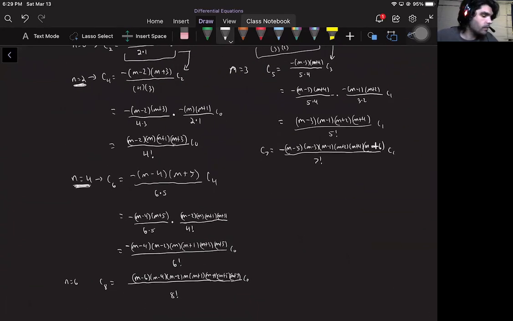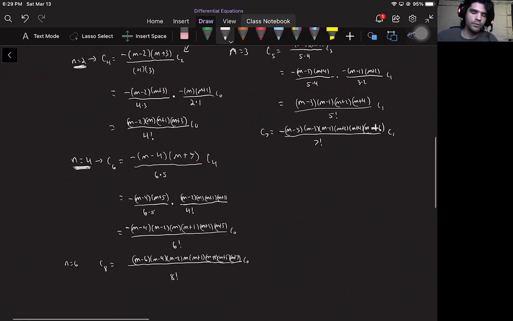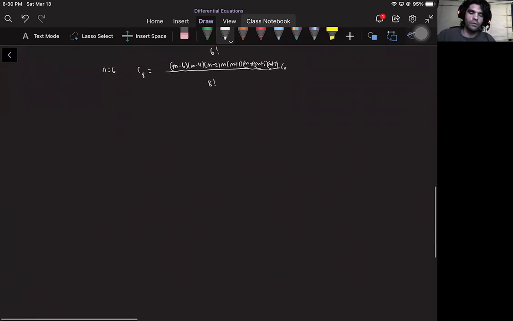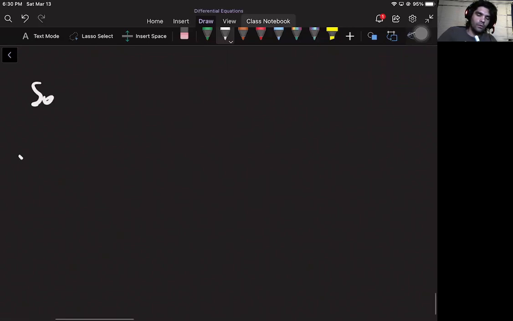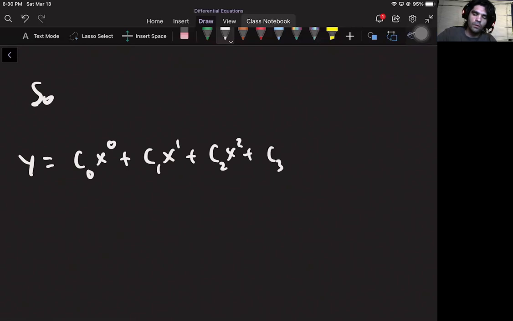And now we want to put it back together to actually write down the solution of the differential equation. So let's do that. Y equals, so remember the whole point is we have this power series and we're trying to figure out the C's, and the point is that the rest of these are in terms of the first two C's.